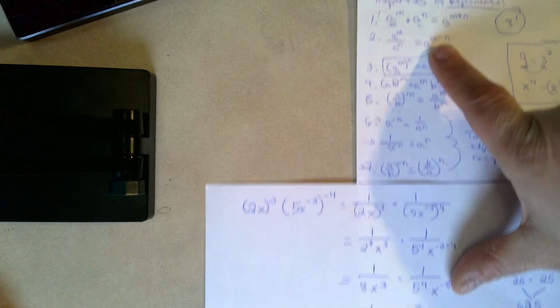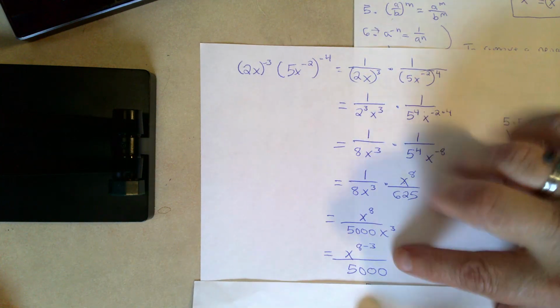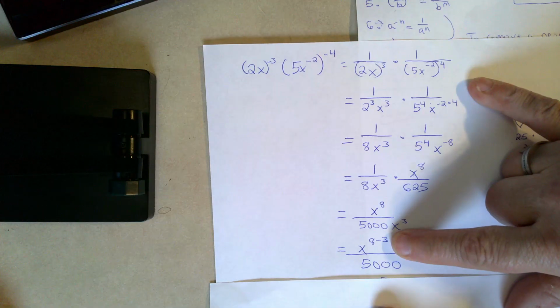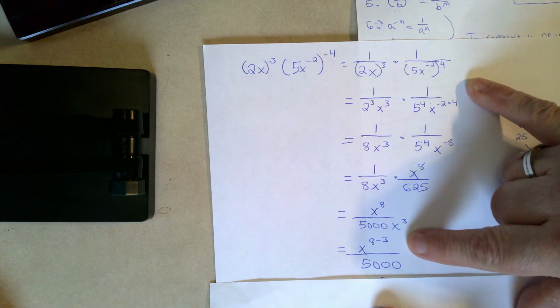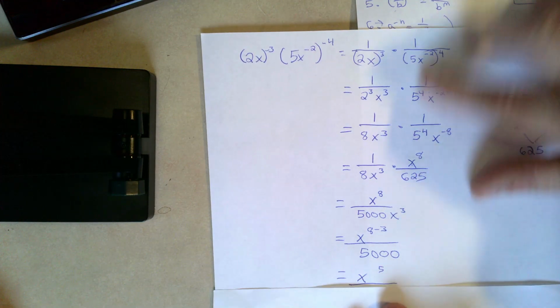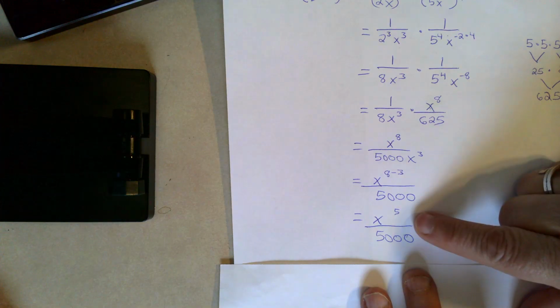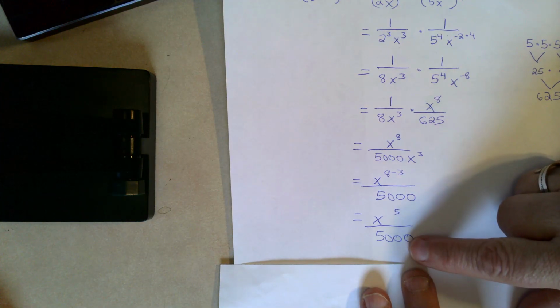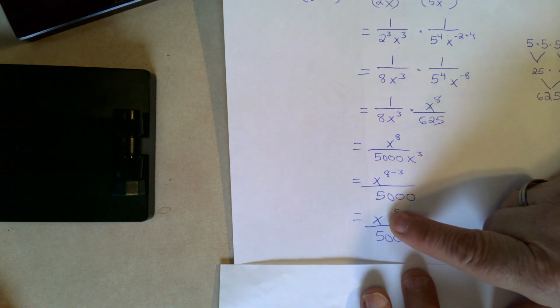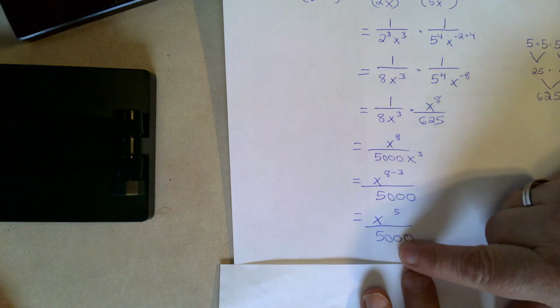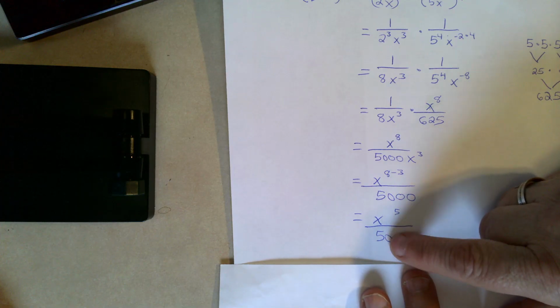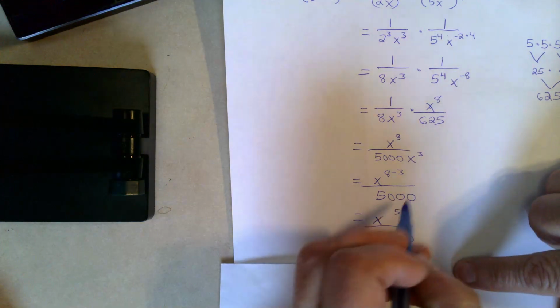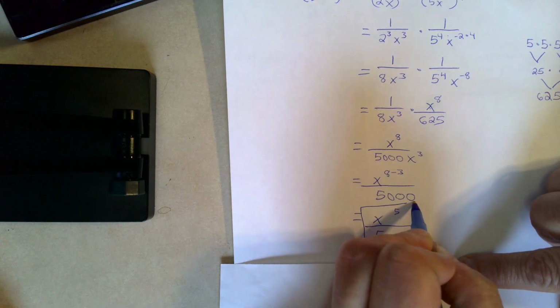I subtract those, so that's what I'm going to do here. I have x to the 8 minus 3, which gives me x to the 5th over this 5,000. I have 2 terms left. I have x to the 5th and I have 5,000. There's nothing left for me to simplify, so this is complete.